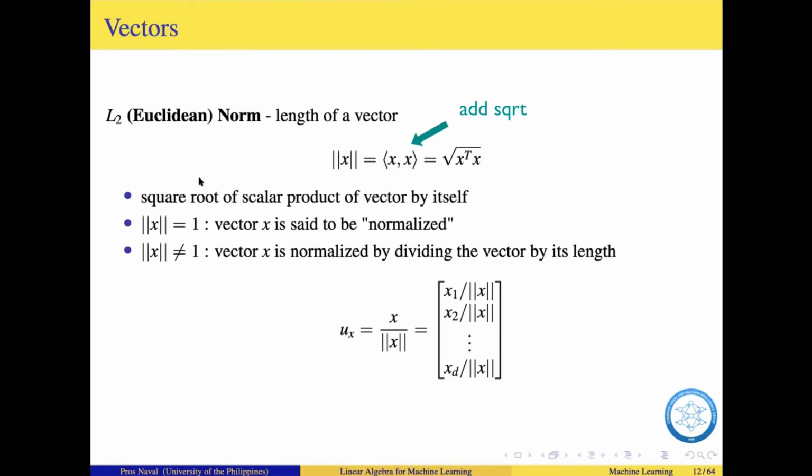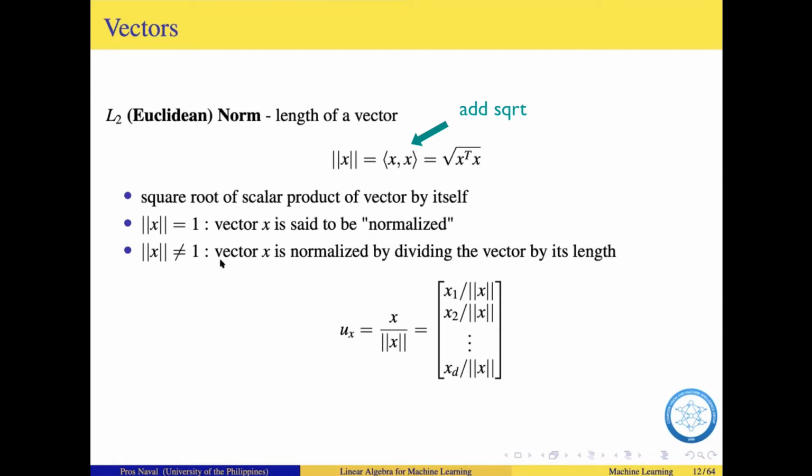The most commonly encountered vector norm is the L2 or the Euclidean norm. It measures the length of a vector. It is equal to the inner product of the vector with itself. We compute this norm by taking the square root of the scalar product of the vector by itself, the inner product. When the norm is equal to 1, we have a unit vector, and the vector is said to be normalized.